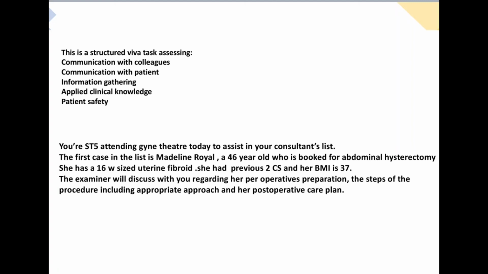However, it will not give us easy access. It will not help us if the mass is very big, with no good exposure, or if it is fixed or there are adhesions, or we need to have a good exposure.